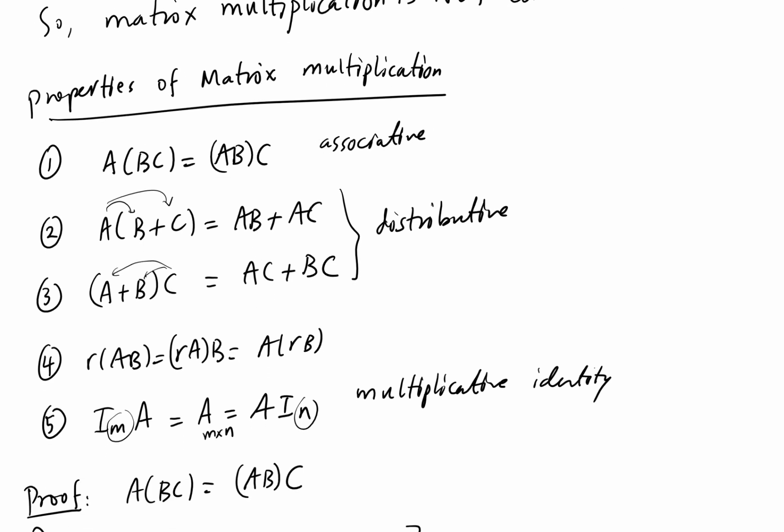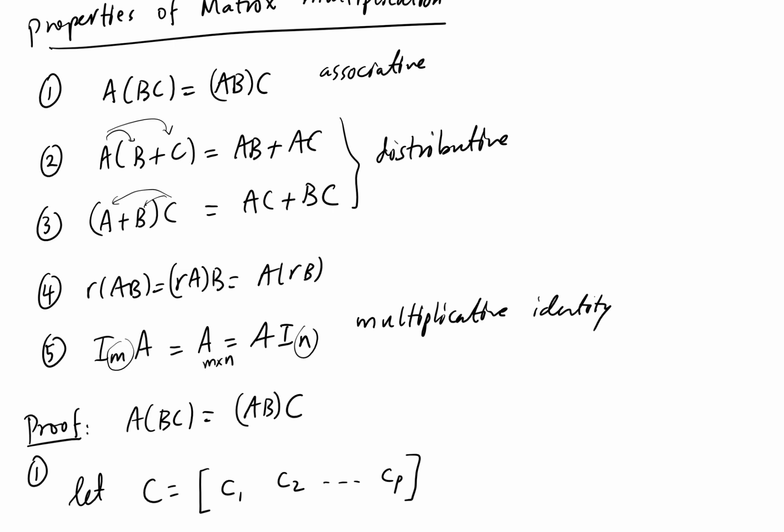Next one, how do we prove that A times BC is equal to AB times C? So how do we prove the associative property for matrix multiplication? Let's start with this.